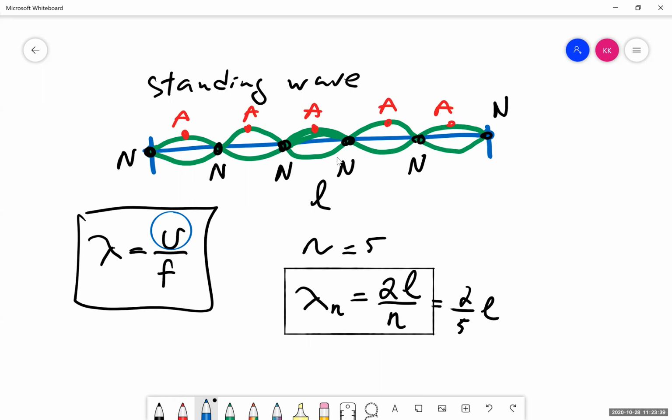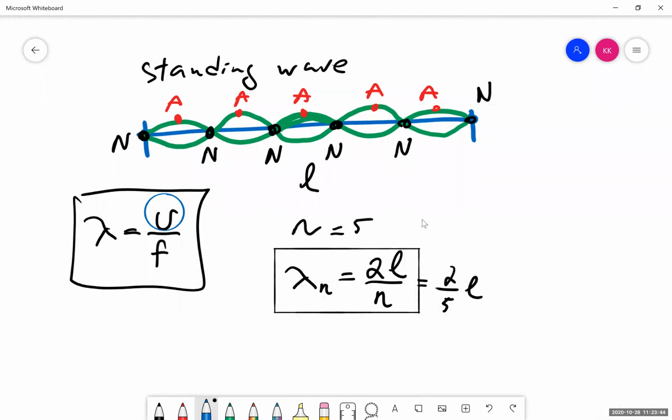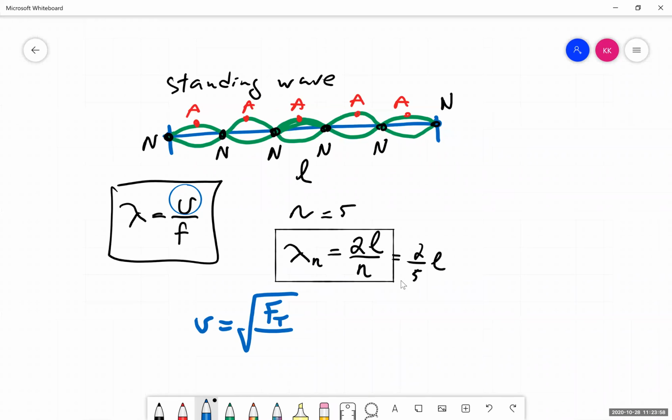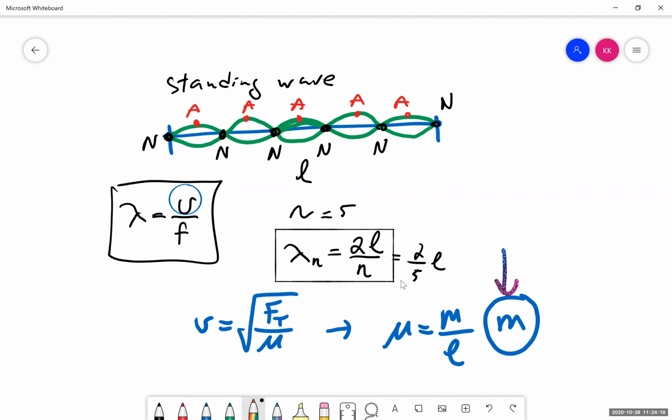Then we're going to use the velocity to find the linear density, which has this equation: velocity equals the square root of tension divided by mu. And since mu equals mass per length, we will use this to get the mass of the string. So our goal is the mass of the string.